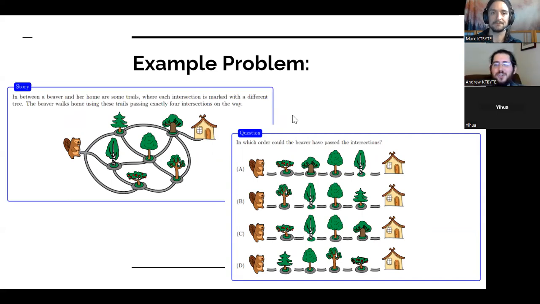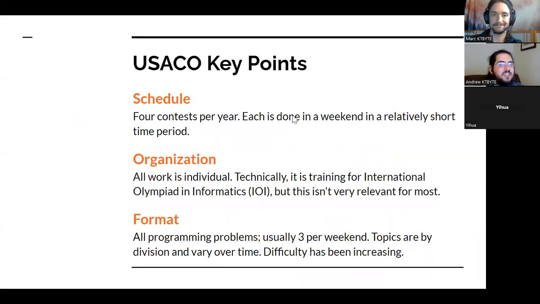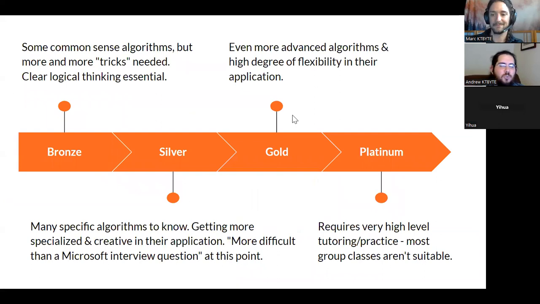That's just off the top of my head a kind of problem we might solve. But of course, it wouldn't be as simple as just 6 different trees. It would probably be hundreds of thousands of trees, and they would input data that our programs would have to figure out from all this data what the correct conclusion is. So that's the kind of problem we would solve here. And yeah, gold division is quite difficult. Platinum is obviously the hardest one. So that's the way it works.